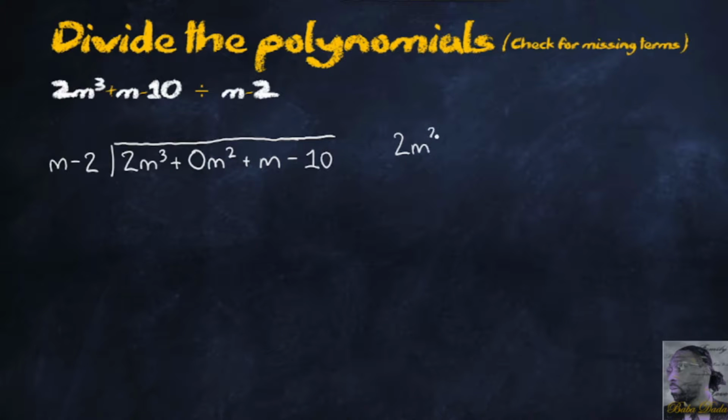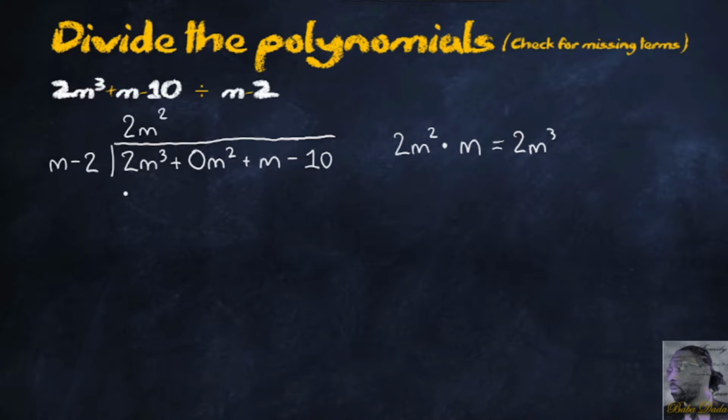So we have 2m squared times m, because we're going to multiply 2m squared by m, and that's going to give us the 2m cubed that we're looking for. So that's going to go here, 2m squared, and we're going to multiply that by the m, and we're going to multiply it by -2.